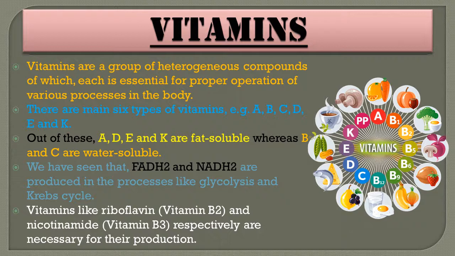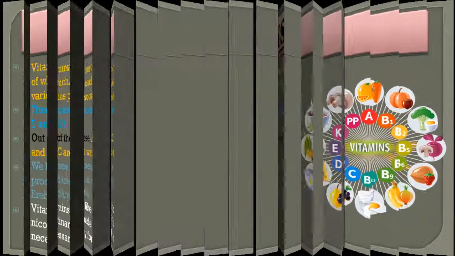That means for the production of FADH2 and NADH2, vitamin B2, riboflavin, and vitamin B3, nicotinamide, are responsible. So this is all about the vitamins, which play a very important role in our body.